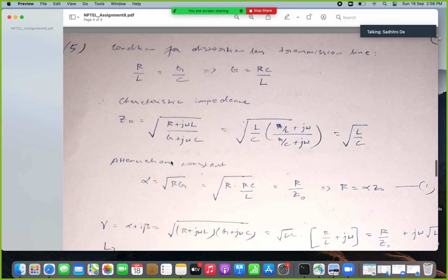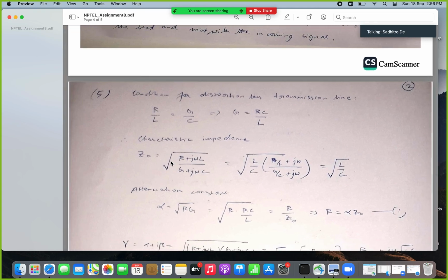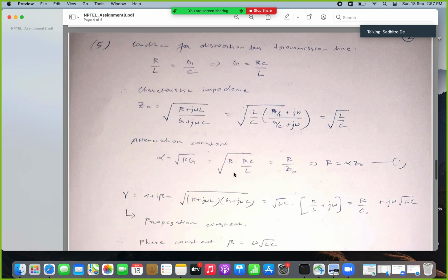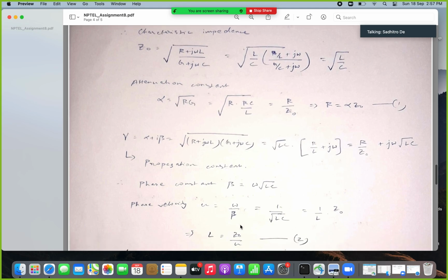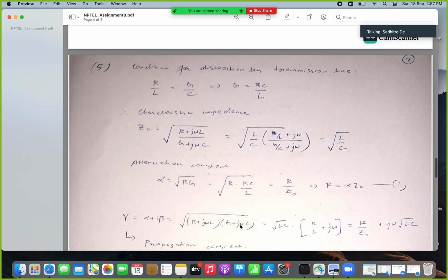Earlier we had a lossless line, this time we have a distortionless line. You know the condition for a distortionless transmission line, that R by L is equal to G by C. Using this condition we can obtain G equal to RC by L. Now we have to obtain R and the inductance L in terms of the characteristic impedance and whatever has been given to us.